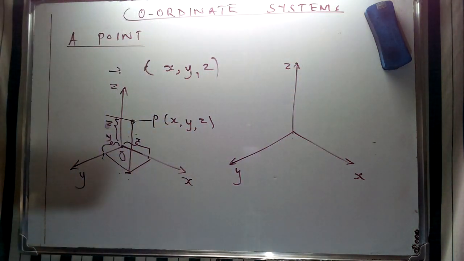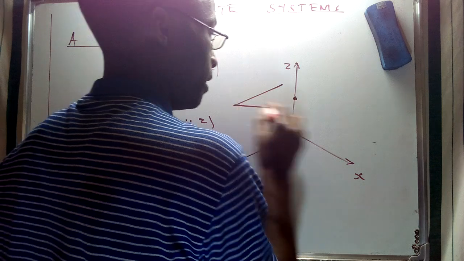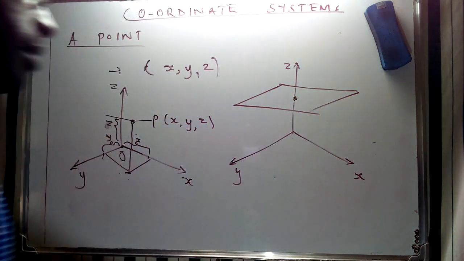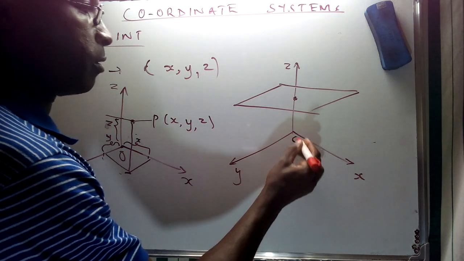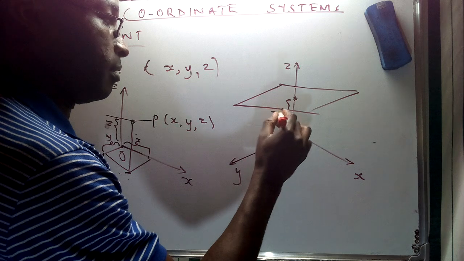We can describe a point along the y-axis by looking at it as a point lying on this specific plane, whereby the distance between the origin and this point on the plane represents a stretch in the z-axis.